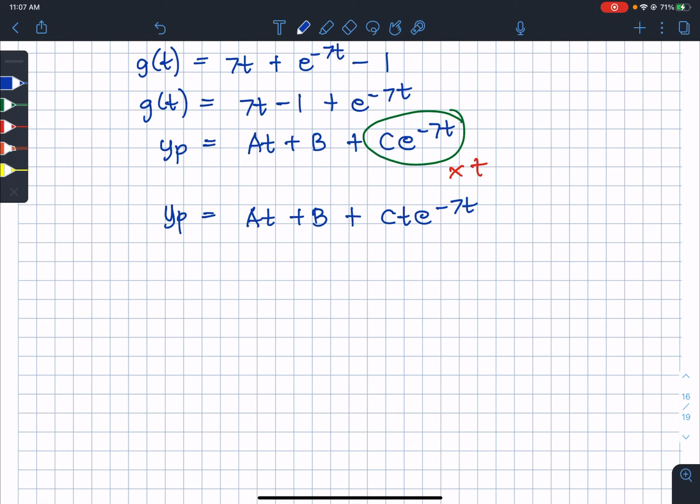So differentiating, yp prime would be a plus ct e raised to negative 7t. So u is c and t.